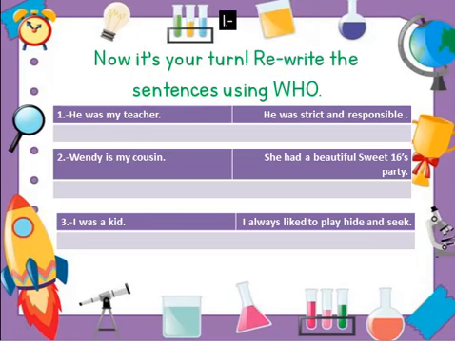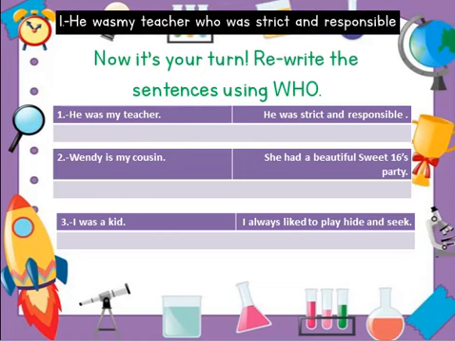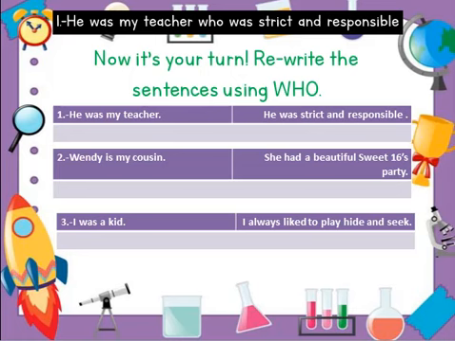Excellent. So for the number 1, he was my teacher. He was strict and responsible. The answer is he was my teacher who was strict and responsible. Okay? Notice we eliminate the second he. Very good. For the number 2, we have Wendy is my cousin.